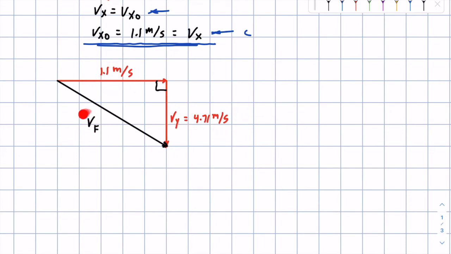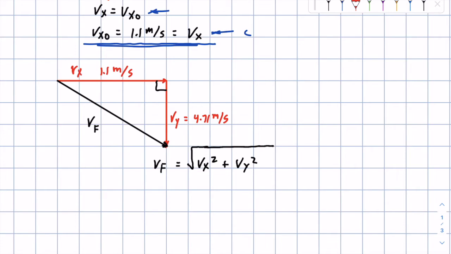And we find Vf by using the Pythagorean theorem. We know that Vf is equal to the square root of Vx squared plus Vy squared, right? That's all the Pythagorean theorem is. We're essentially finding the length or the magnitude of this vector using these vectors, which are at a right angle.